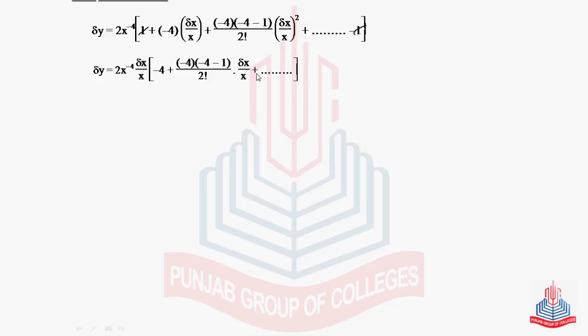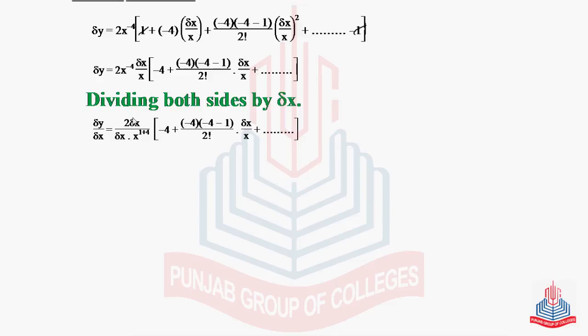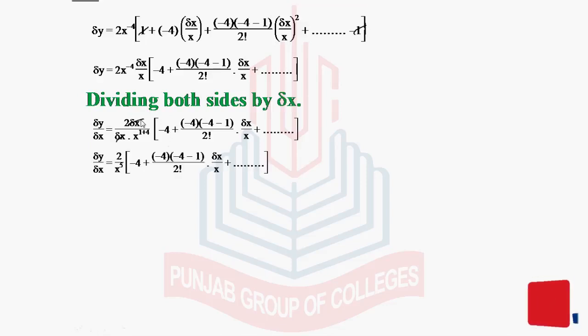Now dividing both sides by delta x, delta y over delta x is equal to 2, delta x divided by delta x, joining these two powers of x, so we have x to the power 1 plus 4, and in the bracket minus 4 plus the same thing again. This delta x will be cancelled out, so delta y over delta x is equal to 2 over x to the power 5 times (minus 4 plus (minus 4 into minus 4 minus 1) over 2 factorial into delta x over x, and so on).